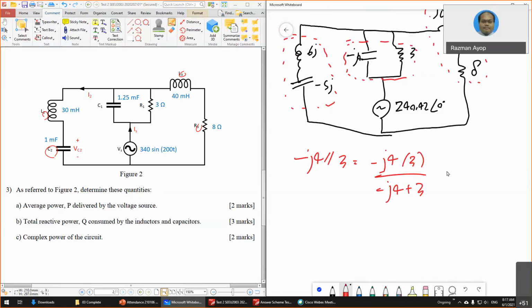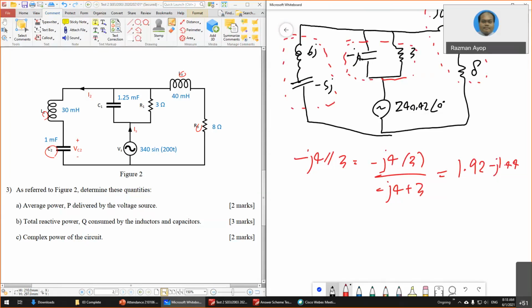If you calculate this, the answer is 1.92 minus J1.44.